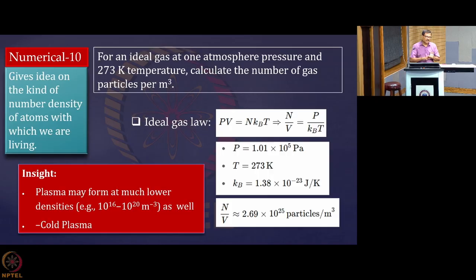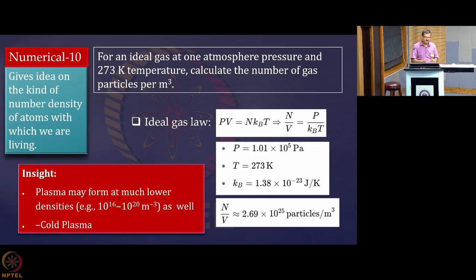So, this now gives a clear picture about the kind of number density that may happen in your plasma, whether it is in the lab or in an atmospheric industrial area. You now have a clear idea about that. It can range from 10 to the 16 to 10 to the 24 particles per meter cube, depending on the kind of plasma that you have created.